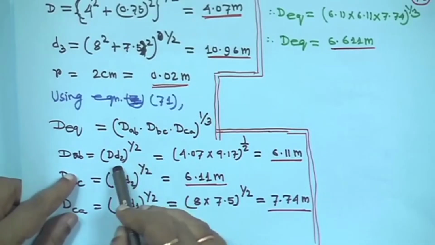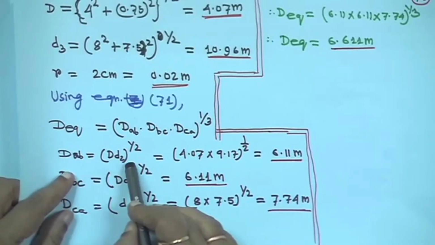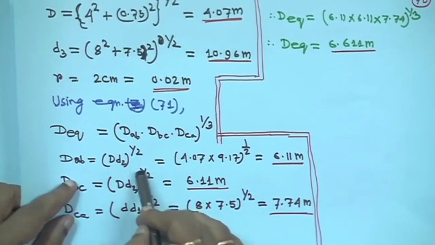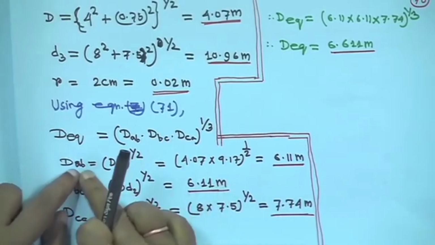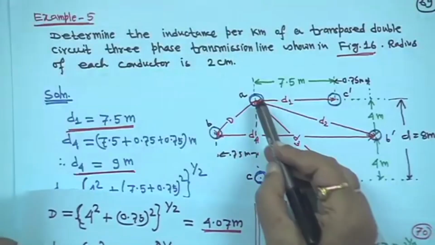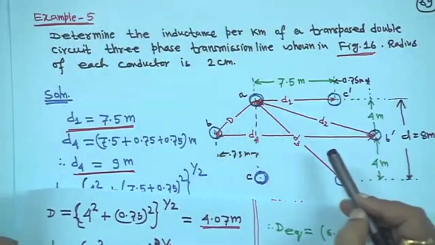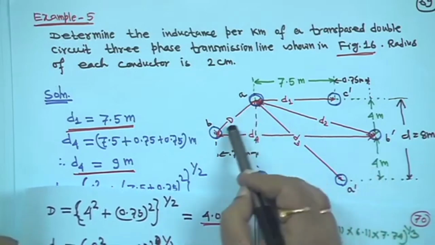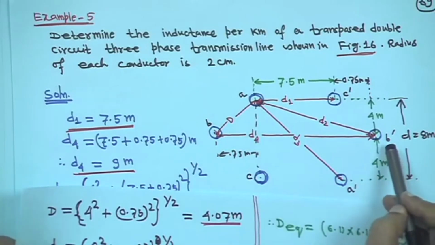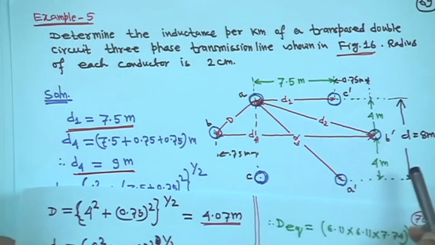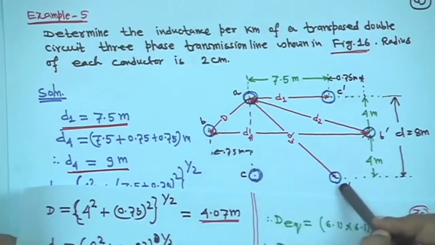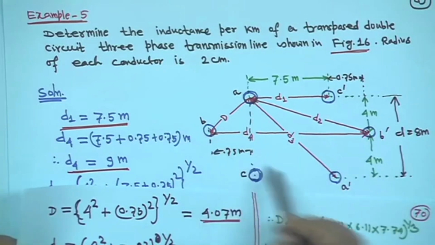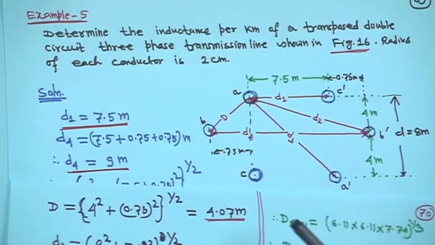Four things will come, d, d2, d, d2 to the power 1/4, but ultimately it will be d into d2 to the power 1/2, because it is between phases A and B. All 4 possibilities will be there: A to B, then A to B dash, similarly A dash to B dash. So, DAB and A dash B dash are the same, and similarly AB dash and A dash B are the same. Four times it will come to the power 1/4, identical.